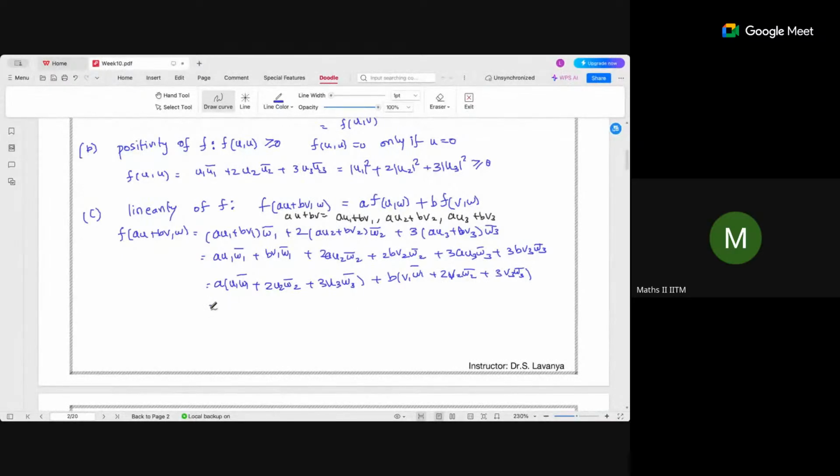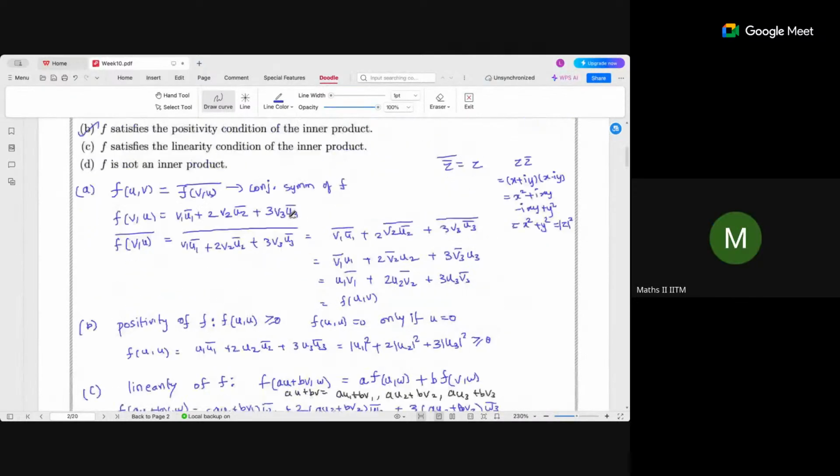So this means you have A times, what is this term? Can you tell now? F of U, W, plus B times F of V, W.